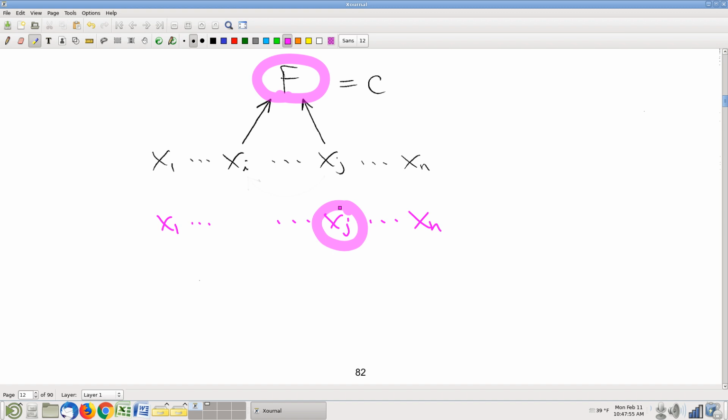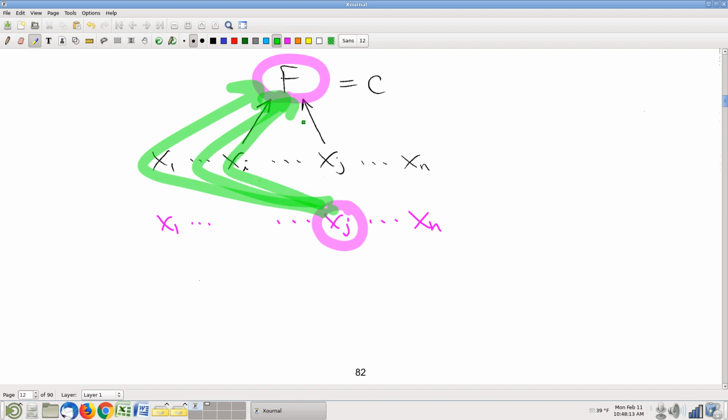But I can also compute that partial of f with respect to xj with a chain rule. So let's use the chain rule to compute it. Now, you might be thinking, oh my gosh, this is going to be brutal. Look at all the paths that we're going to have to deal with here. My gosh.